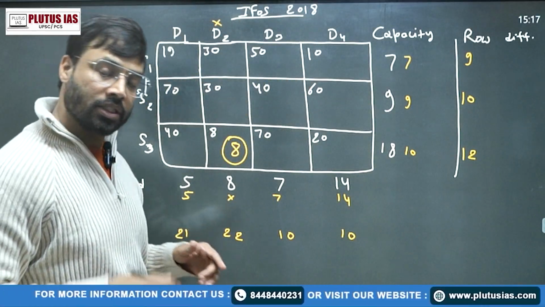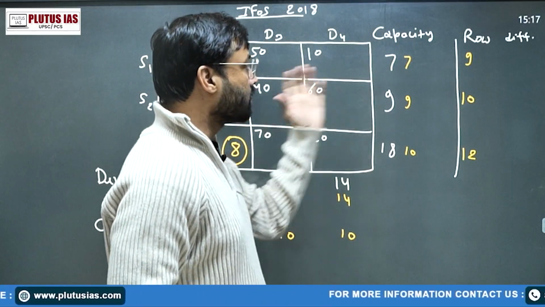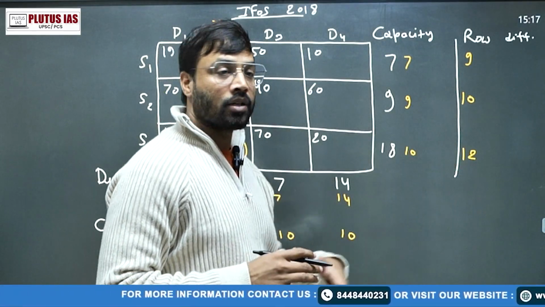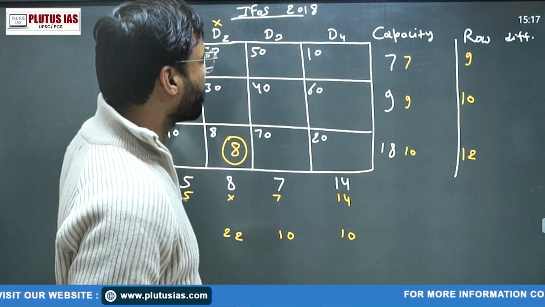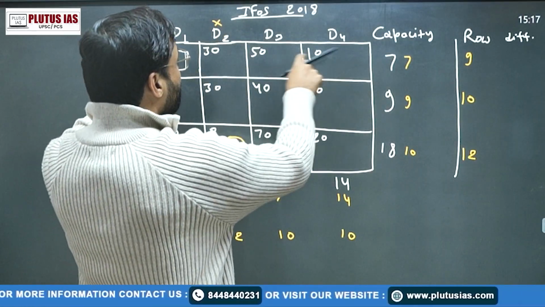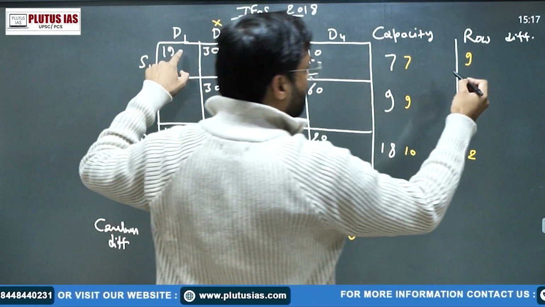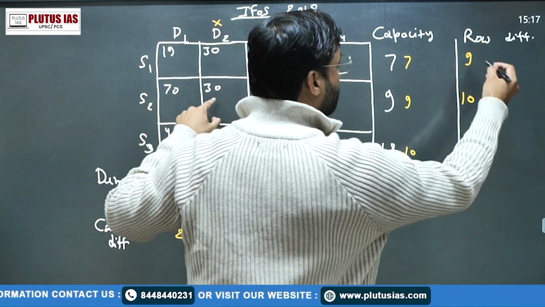Now repeat the same process again. Again find the row wise and then column wise penalty cost, then decide row or column, then allocate as much as possible. So again we will repeat the same process by row wise. Now this has been finished, so only in these three we have to check. So again we will get the difference is 9.